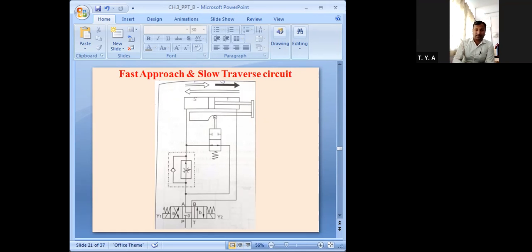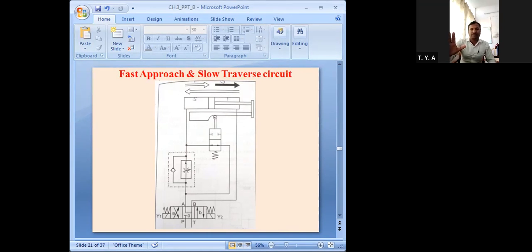Suppose in some application you need linear motion of your cylinder covering a distance of 50 centimeter, and out of that, 30 centimeter with fast motion, that means the extending stroke is fast up to 30 centimeter.